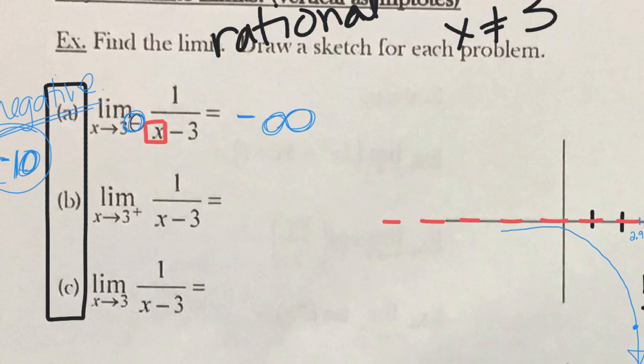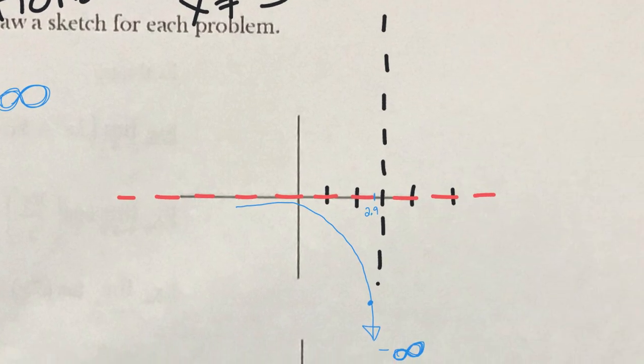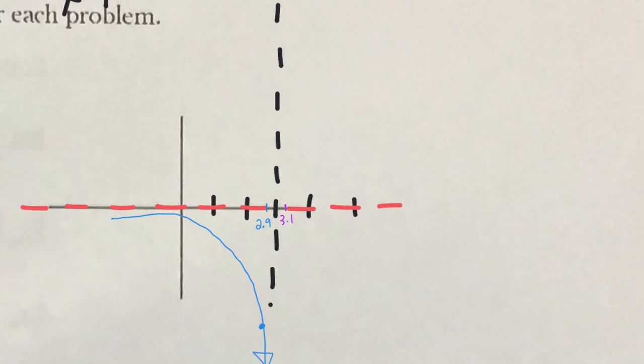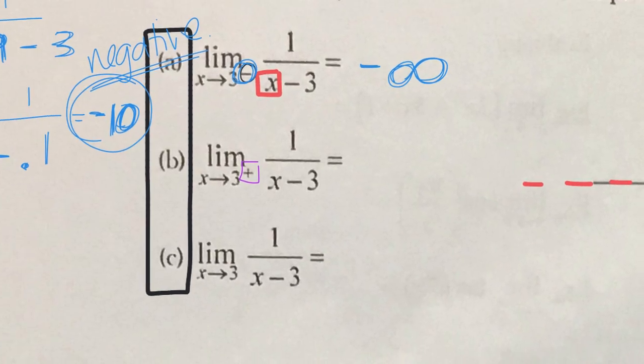That's the important part. Now what if I were to pick a point to the right of positive 3? Because this is what this little plus means, to the right of positive 3. So how about if we pick 3.1? That's a number pretty close to positive 3, but on the right side, just so we can see what the y values are doing.